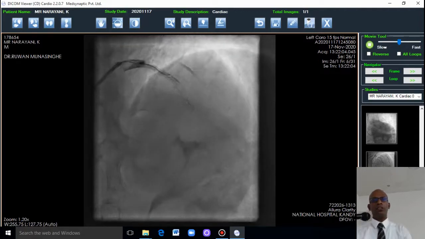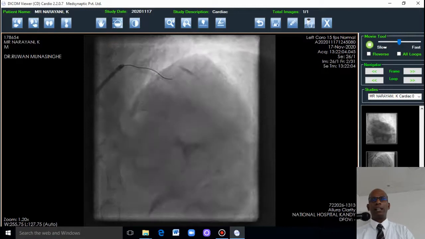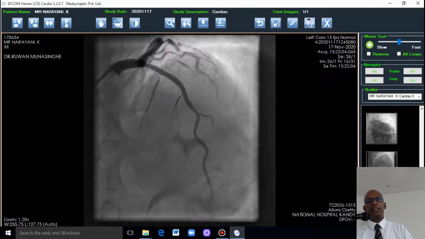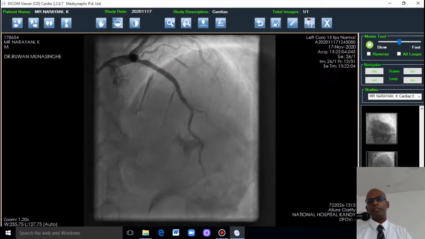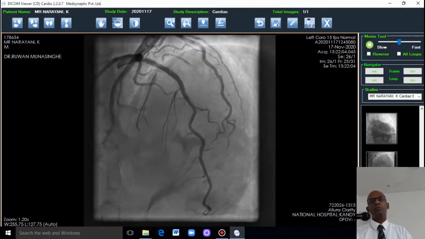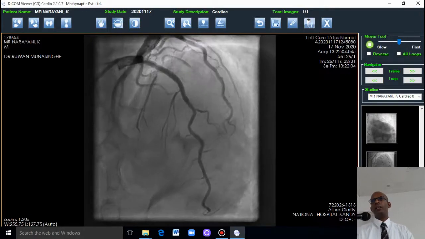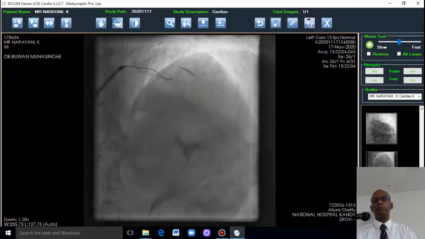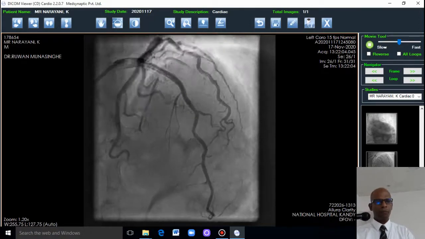I don't want to open every slide because it takes time, so I just wanted to highlight these slides. This is the area where the block was, and after stenting the flow was established in a normal pattern. So this is a patient with acute coronary syndrome who followed with repeated or recurrent anterior MI.